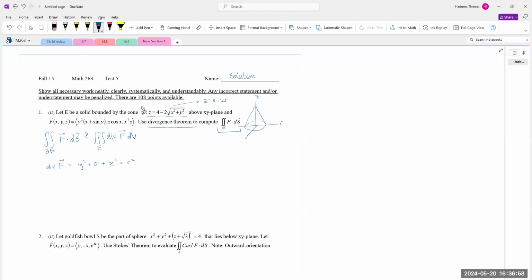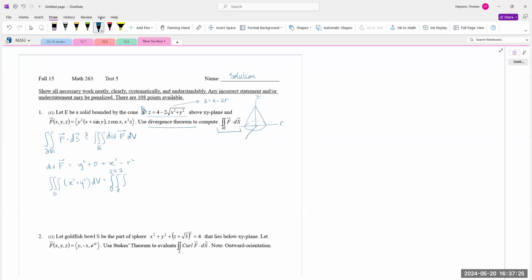Now the triple integral over E that we are talking about will be x squared plus y squared dV, which in cylindrical integration will be theta from 0 to 2 pi, r from 0 to 2, because if we solve for z equals 0, then r will be 2.